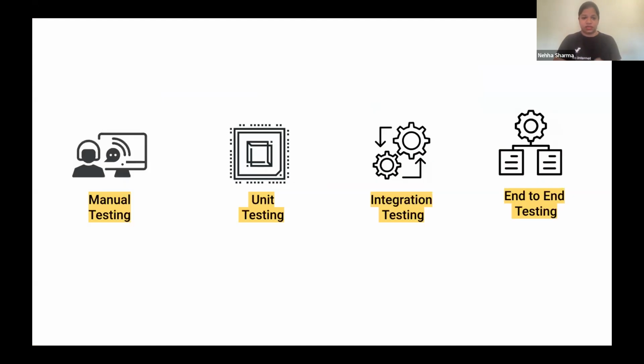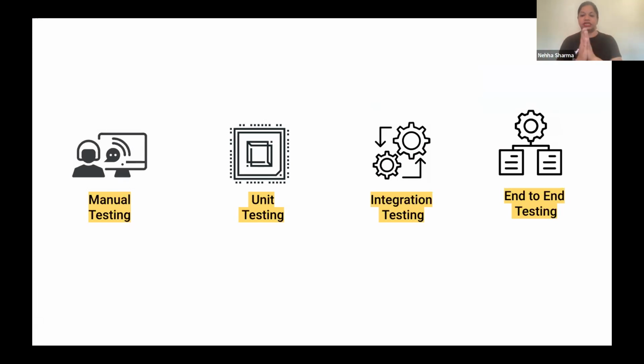Now, types of testing. Manual testing, we all know, is checking each and everything manually. Unit testing is where we are going to spend most of the time today, where you pick a small component, a piece, and do the unit testing of that. Then you have integration testing, where you have two components, and you test that once you click a button, the API is loaded on another component.